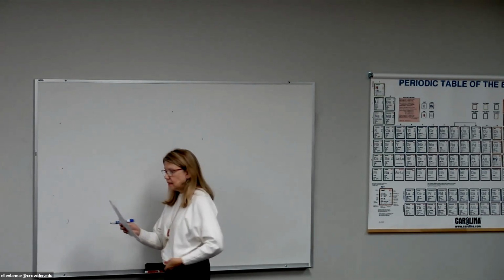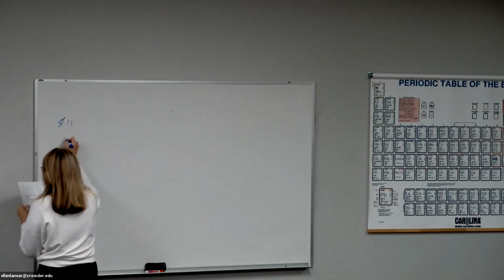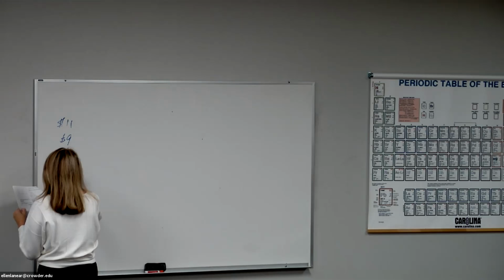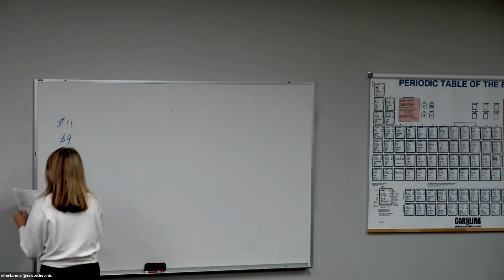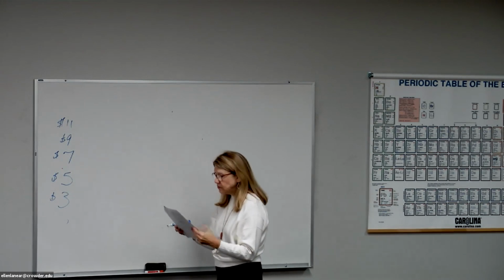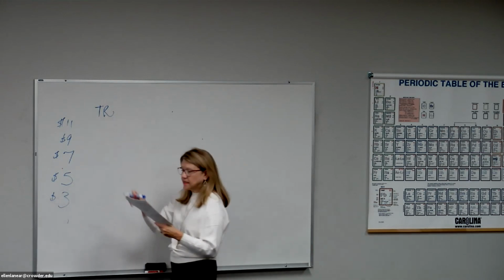And then let's look at number 5. You're given 5 different prices and quantity demanded. So using the total revenue test, let's see which one is elastic, inelastic.